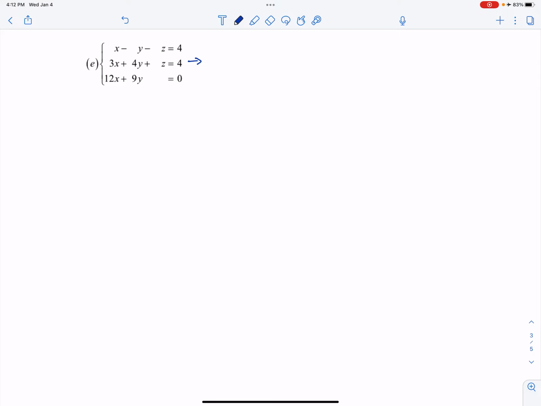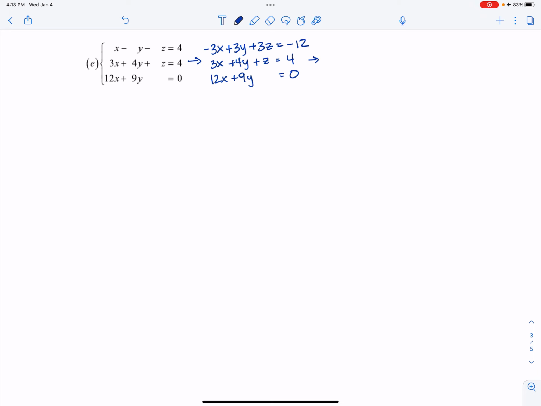So we will have negative 3x plus 3y plus 3z equals negative 12. And then the second and third row are going to stay. So we have 3x plus 4y plus z equals 4, and 12x plus 9y equals 0.